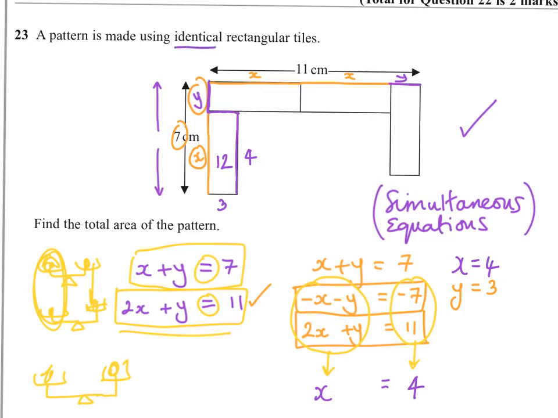They're all identical rectangular tiles, so this would be 12, this would be 12, and this would be 12. So the total area will be 4 12s, which is 48, and it will be in centimetre squares.